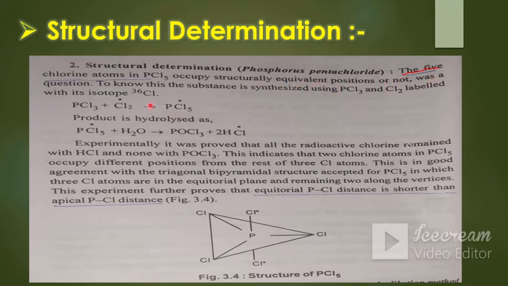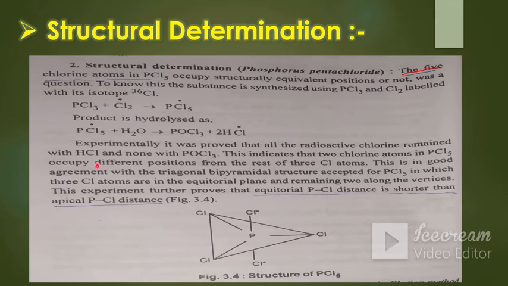That was the question. To find out, the substance is synthesized using PCl3, phosphorus trichloride, and Cl2 labeled with the isotope of chlorine, that is Cl36.